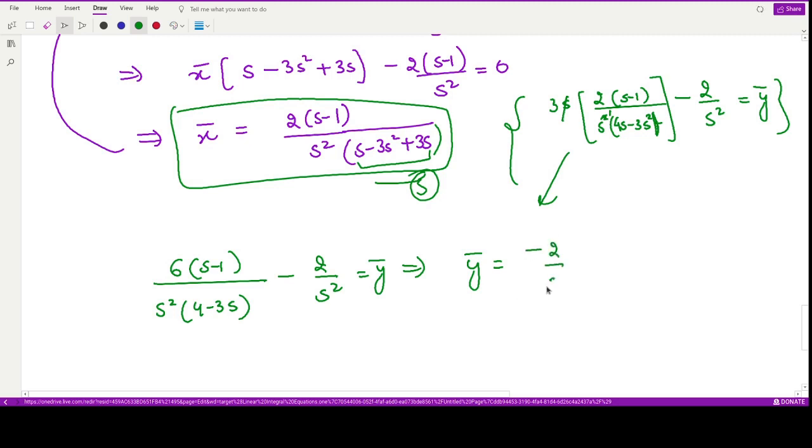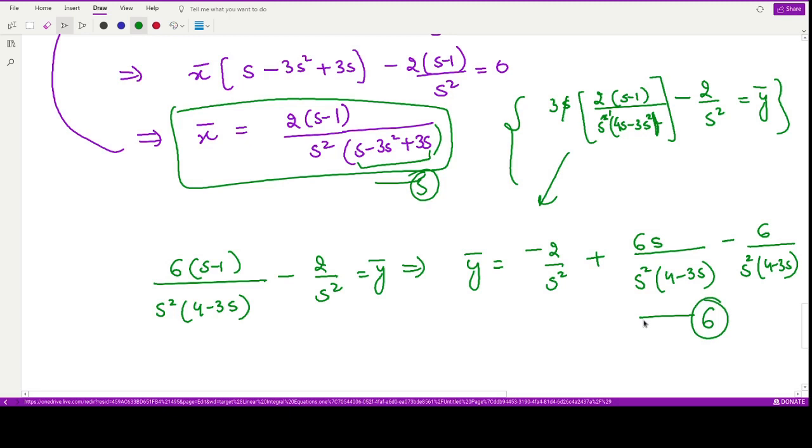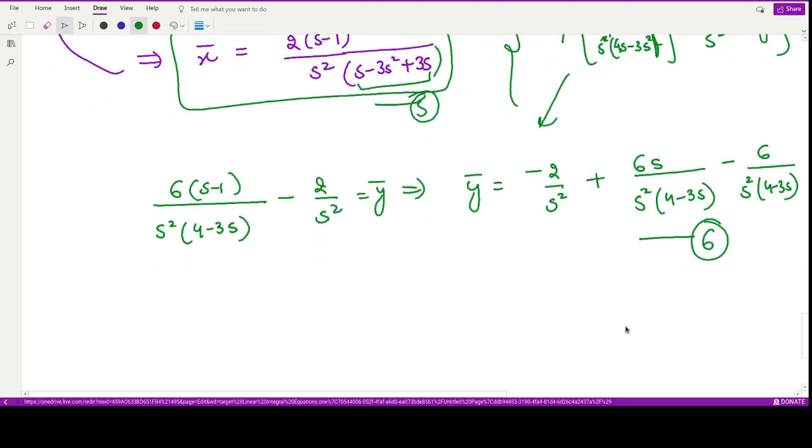Minus 2/s² plus 6s divided by s²(4 minus 3s) and minus 6 divided by s²(4 minus 3s). So now you have to solve this. So let's say this is your equation number 6. Now you have equation 5 and equation 6.